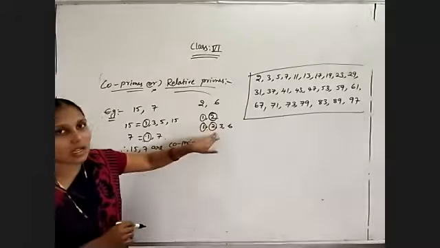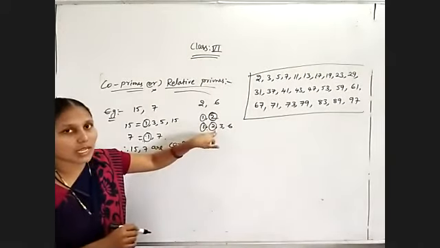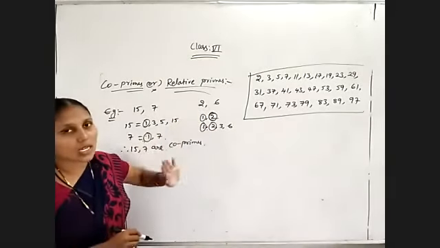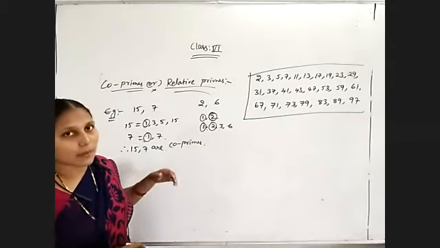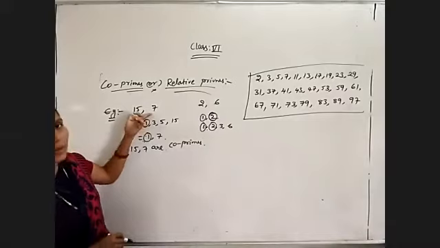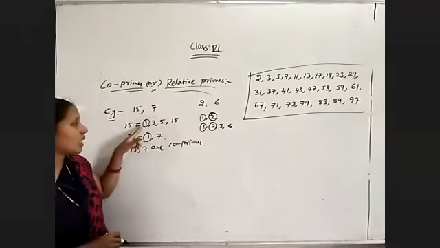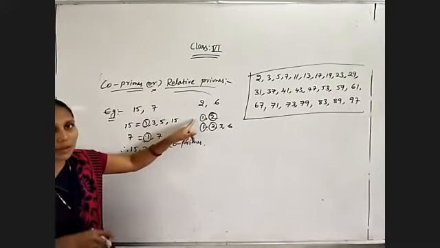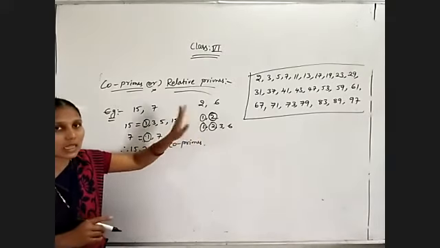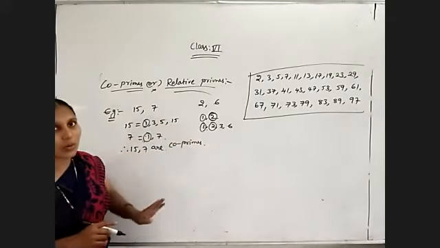Another common factor also they have, that is 2. That's why 2 and 6 are not co-primes, not relative primes. Two numbers are said to be co-primes if they have only one as their common factor. If you get more than one, then those are not co-primes.